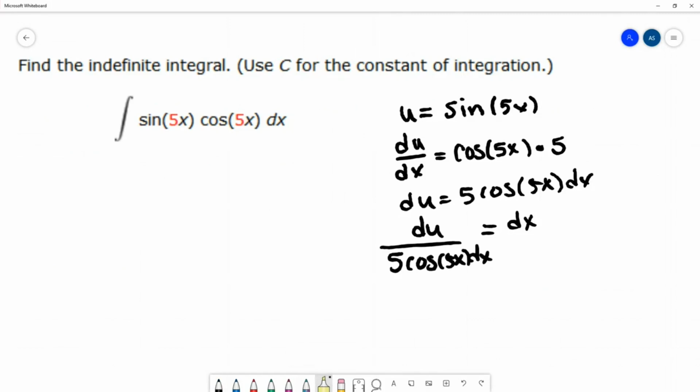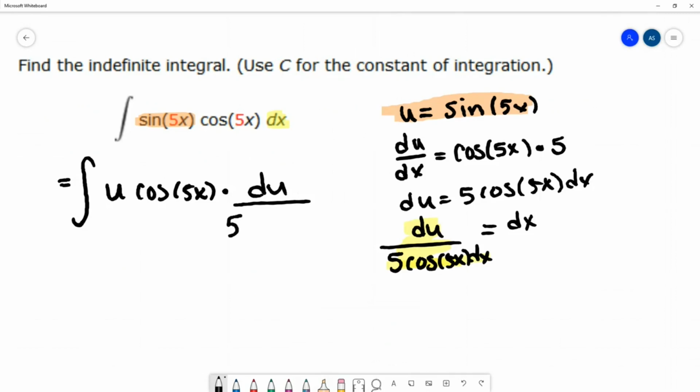So we'll make this substitution for dx, and we'll make the substitution for u as well. Making the substitution would give us the integral of u cosine of 5x times du over 5 cosine of 5x.